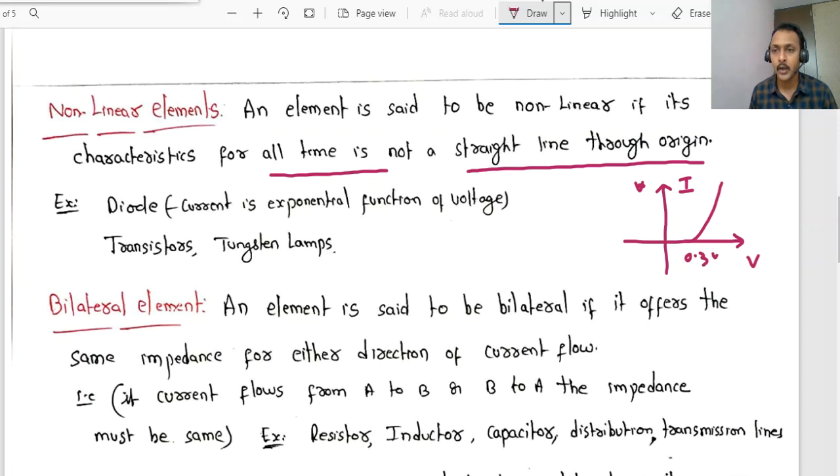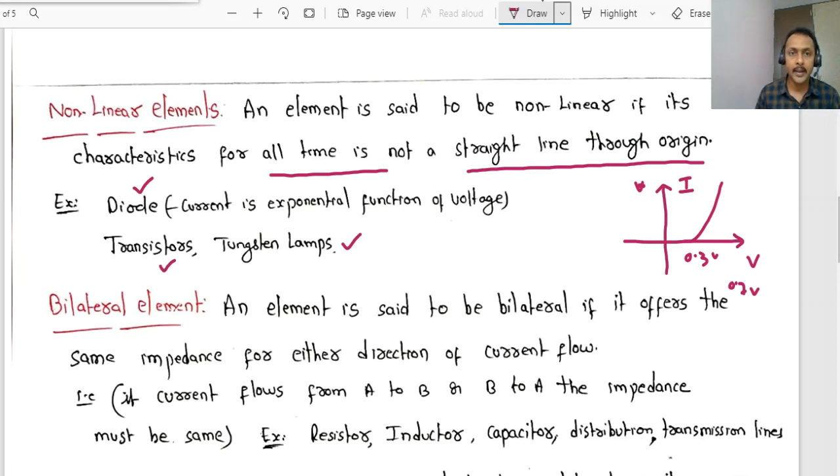It will be either some 0.3 volts or some 0.7 volts depending upon the type of semiconducting material you used, right? So up to a certain point there won't be any conduction. All of a sudden there will be conduction in the diode. Its characteristic is not linear, not a straight line passing through the origin. So diode, transistor, and tungsten lamps, all these come under non-linear elements.